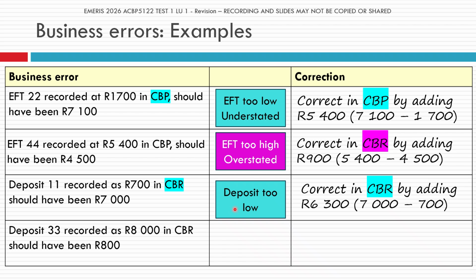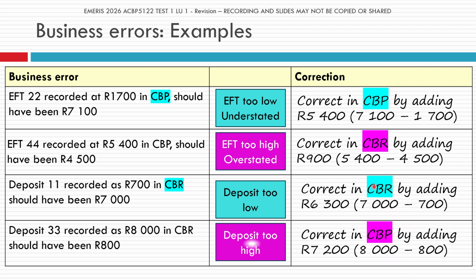So our number is too low, meaning we're going to make the correction in the same cash book, receipts. Whereas with deposit 33, our amount was too high, so we overstated the deposit, and therefore we need to go to the opposite cash book to make the correction.